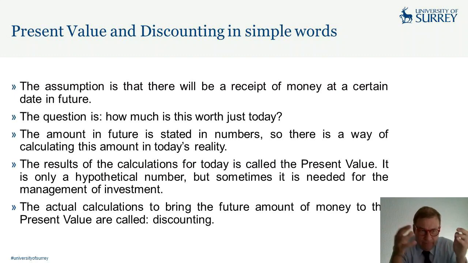Obviously, it's only a hypothetical number because you use some formulas and some rates to bring it to today, but it's sometimes needed or even obligatory for some management calculations and investment and other things. And these calculations to bring the future amount of money to the present value are called discounting.